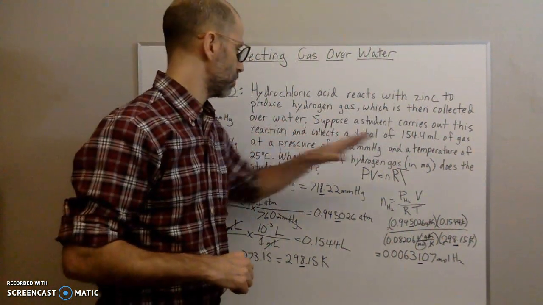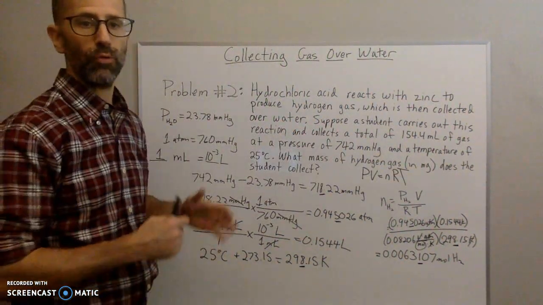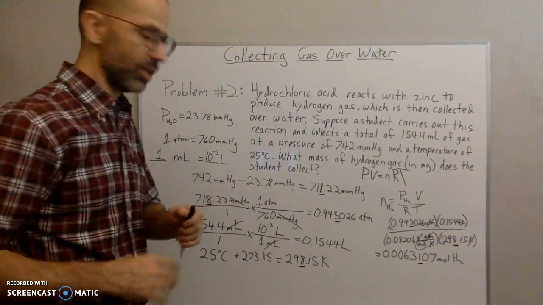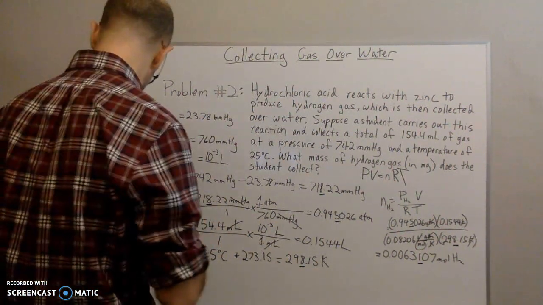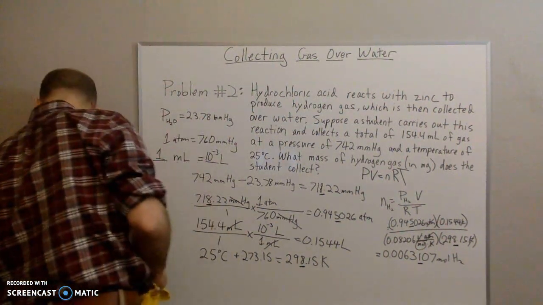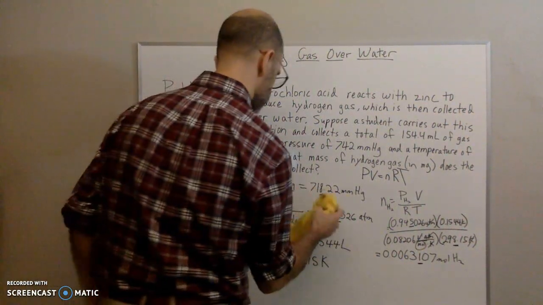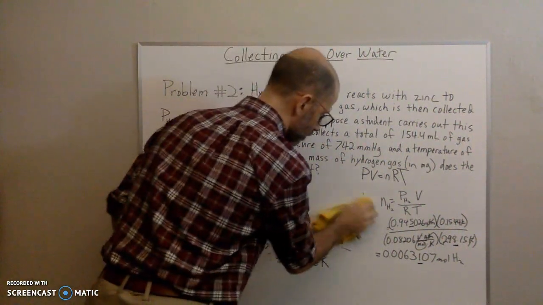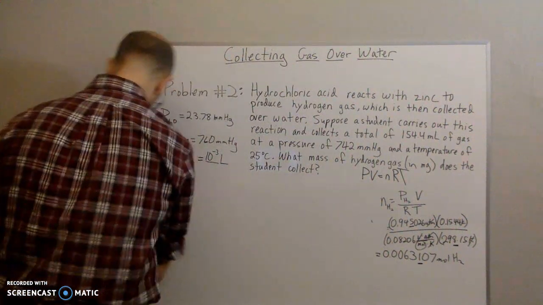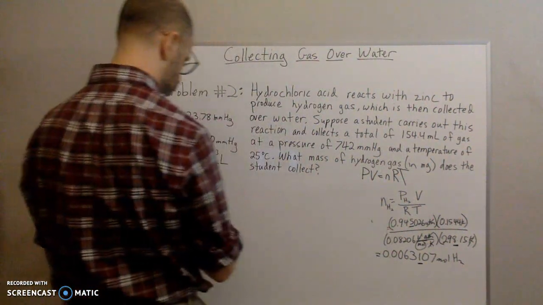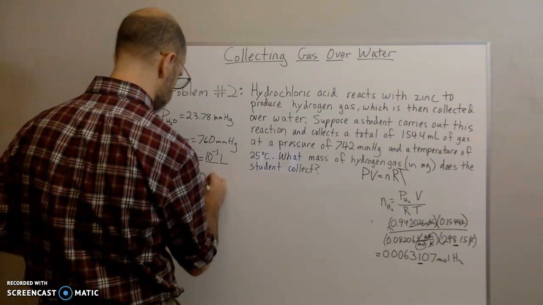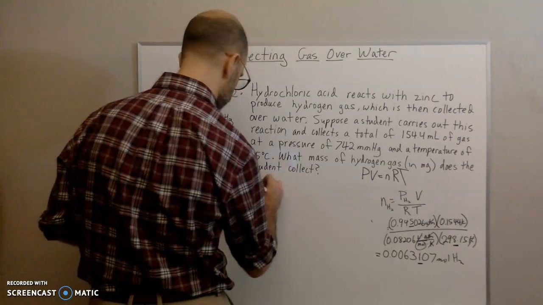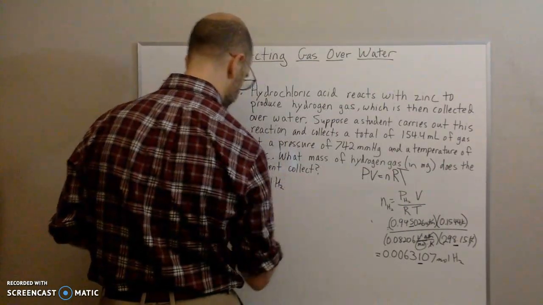They want milligrams. So I need to go from moles to mass, so I need to use the molar mass. So I'm going to need to create some space here. So let me erase this. So now I have moles. So I have 0.0063107 moles of hydrogen gas.